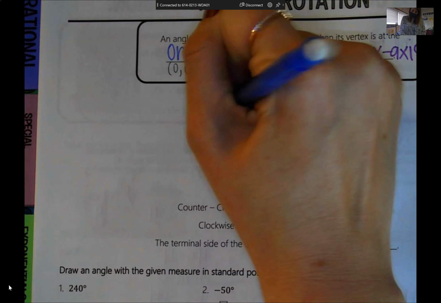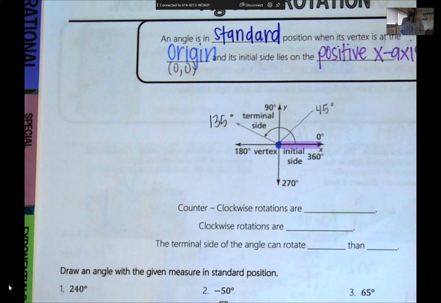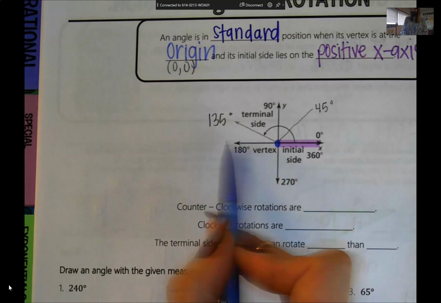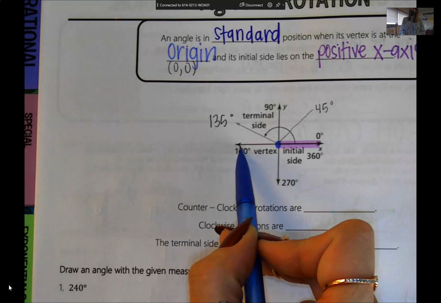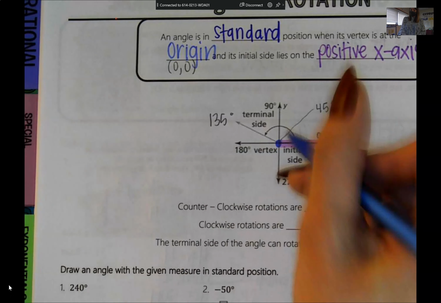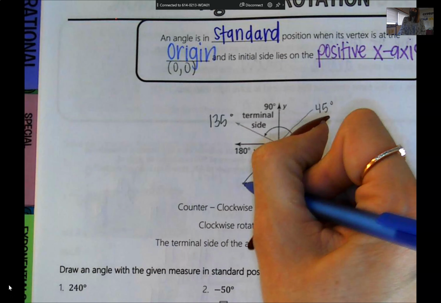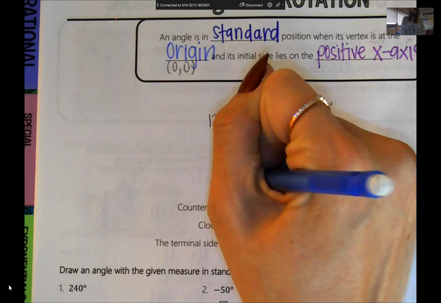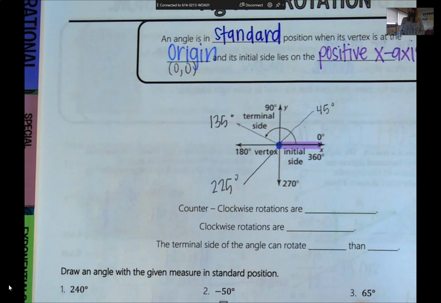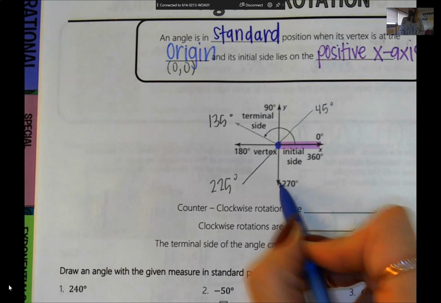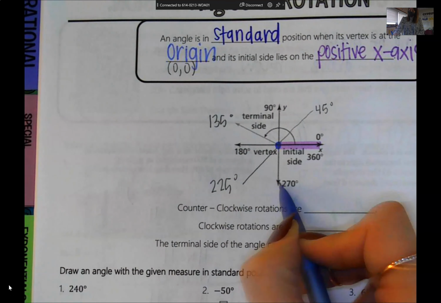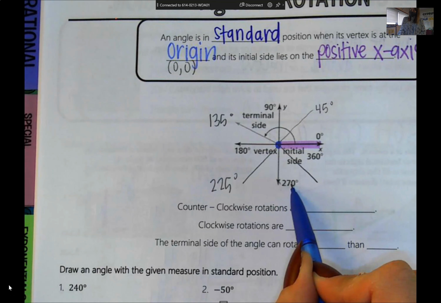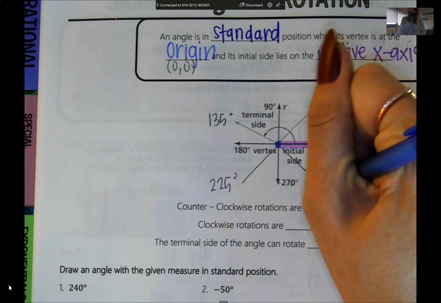I think that's 135. And then a straight line is 180. Then in between here, we just add 45 degrees to 180. So that's 225. Then 270, and this one would be 270 plus 45. So what's that, 315?